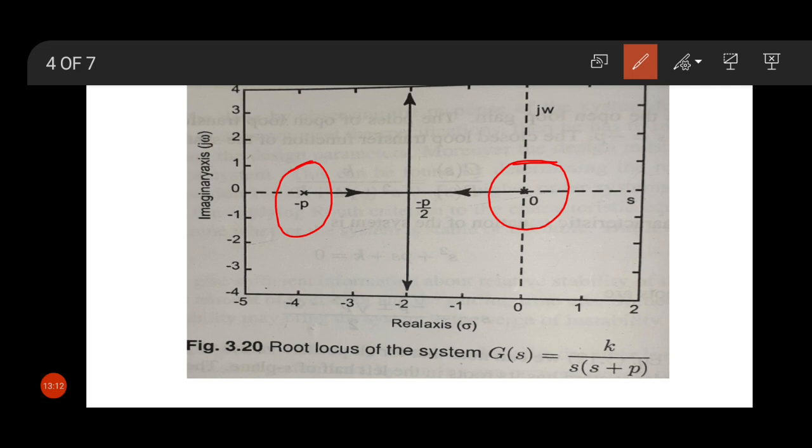So as K starts varying from 0, one root moves from S1 equal to 0 and the other moves from S2 equal to minus p in opposite directions, and at K equal to p square by 4, both roots meet at s equal to minus p by 2.